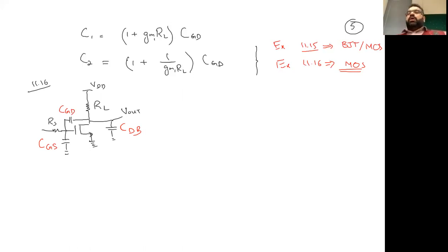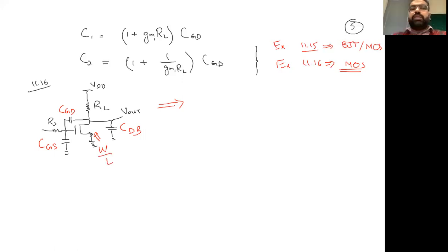Okay. So now what example 1.6 is saying: during the design process, the student did a layout, and by mistake he changed the width of the transistor compared to the original one, meaning this MOS has some width and length.